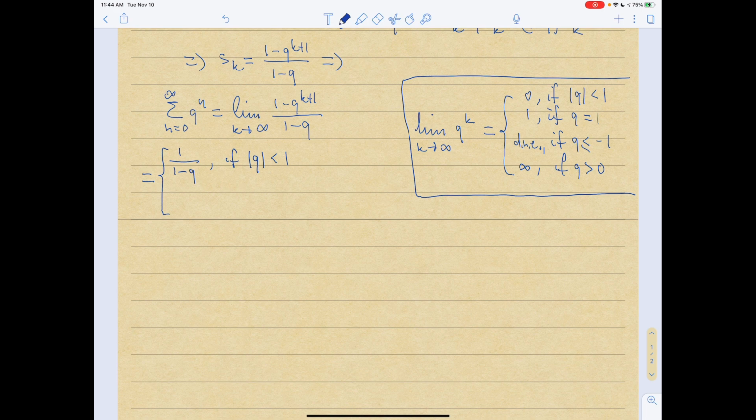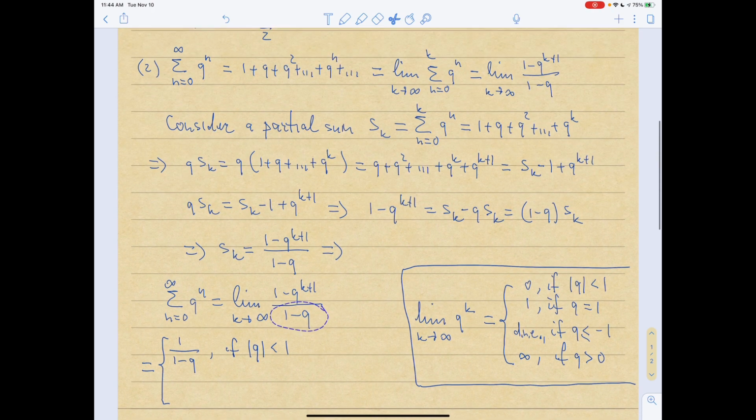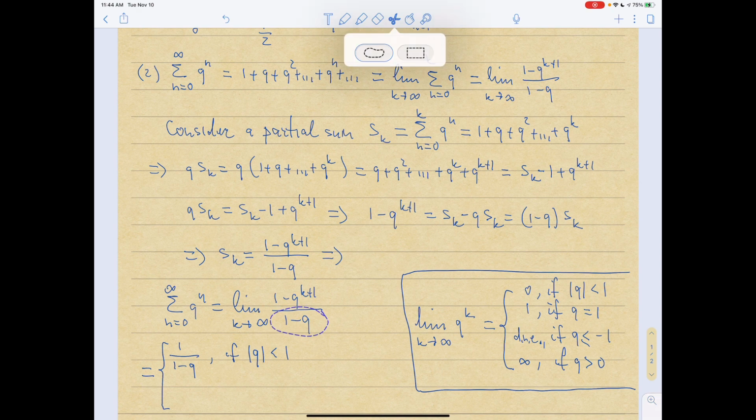Okay, so next, if q is equal to 1, then we are in trouble, because then we have 1 minus q divided by 1 minus q. Both are equal to 0, so at q equal to 1 this formula does not make sense. But let's go back to the definition of Sk.